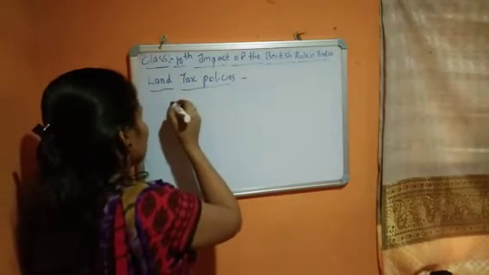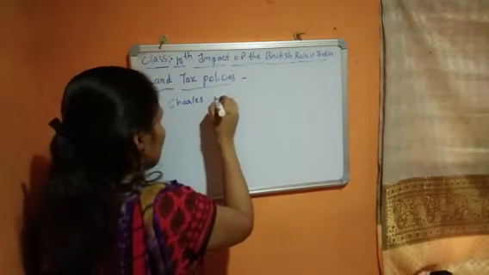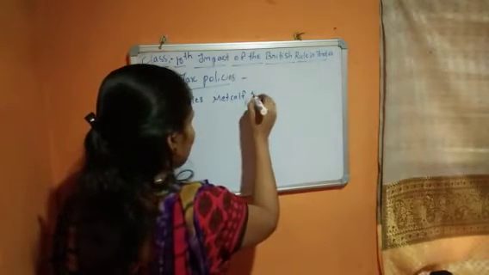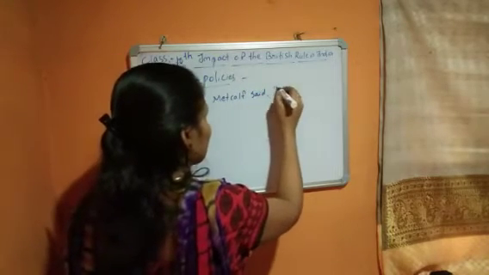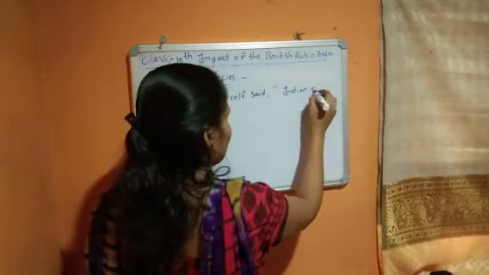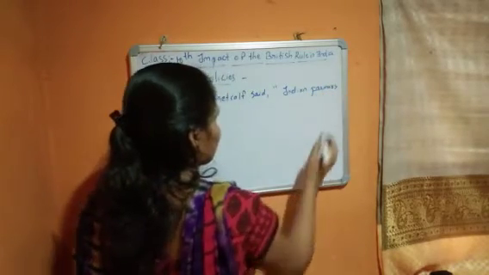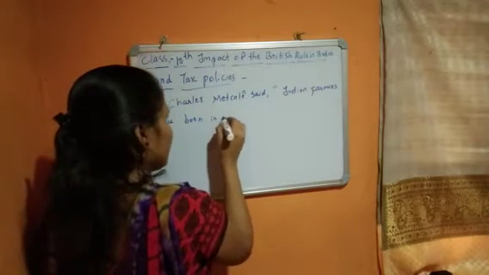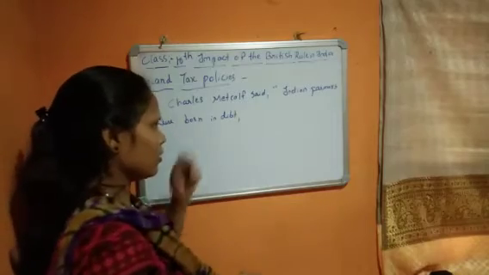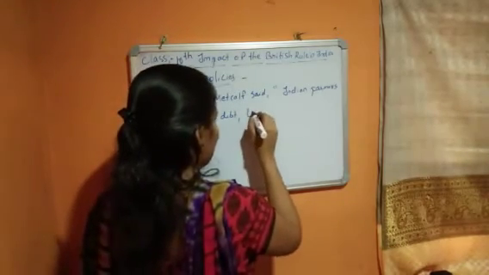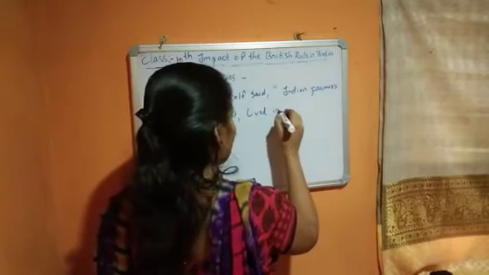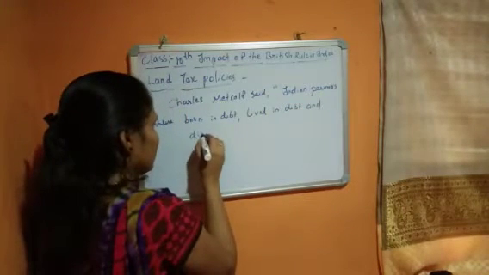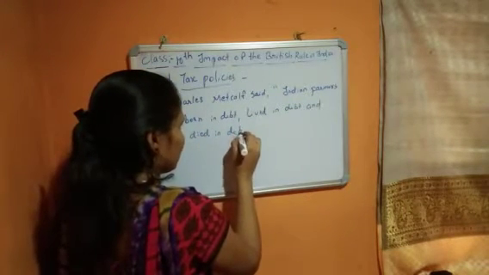Charles Metcalfe said Indian farmers were born in death, lived in death and died in death.